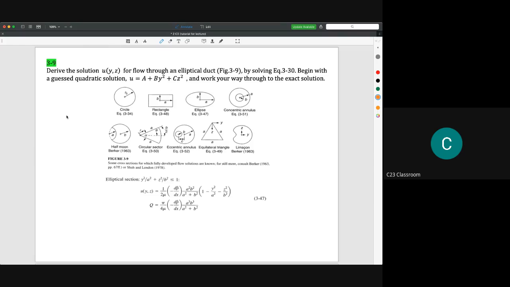By solving equation 3.30, begin with the guess of a quadratic solution u equals a plus by square plus cz square and work your way through the solution. In this situation, just to test your understanding about the axes, the question gives you u, y, and z.